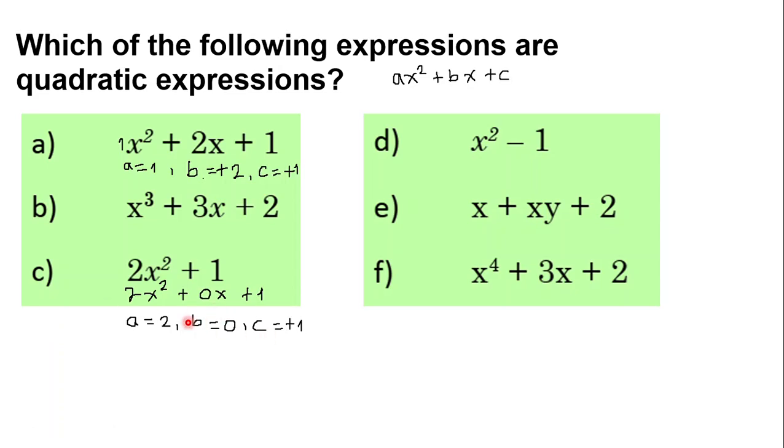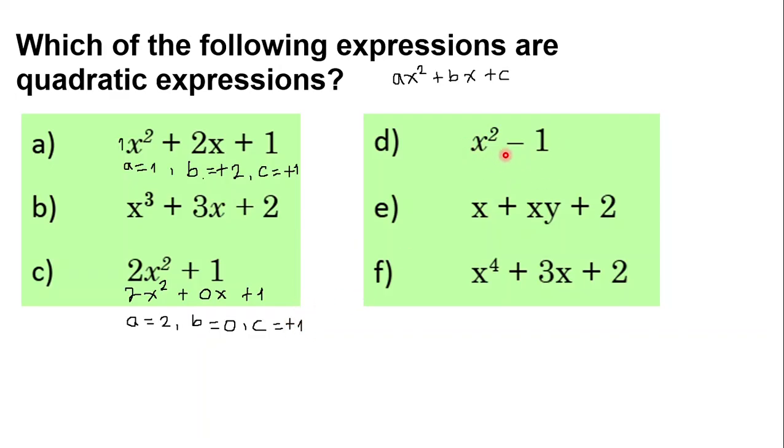So again, this one is satisfying all the conditions for it to be quadratic. So 2x squared plus 1 is also quadratic, for which a is equal to 2, b is equal to 0, and c is positive 1.